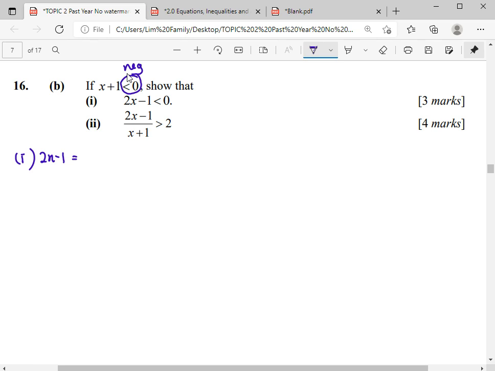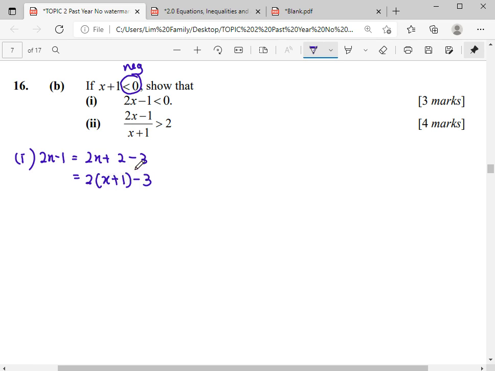Here we can do 2x plus 2, and the negative one comes from plus 2 minus 3. Then when we factor out the value of 2, we can see the factor x plus 1 here.